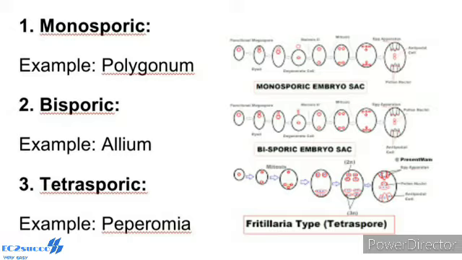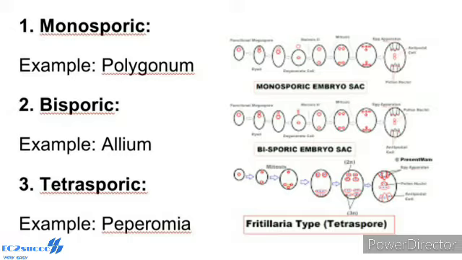In monosporic, the megaspores are usually arranged in a linear tetrad. Of the 4 megaspores formed, usually the chalazal one is functional and the other 3 megaspores degenerate. The functional megaspore forms the female gametophyte or embryo sac. This type of development is called monosporic development.